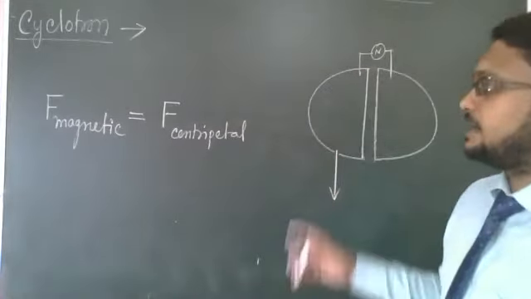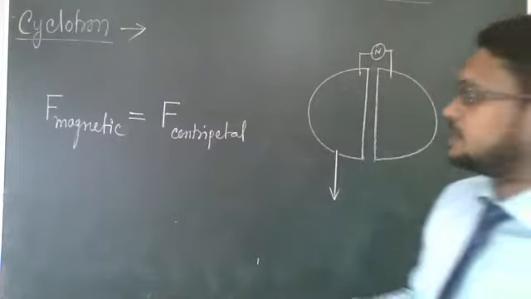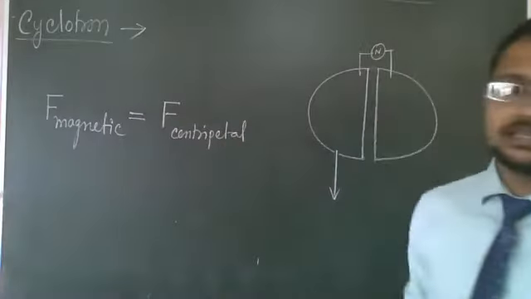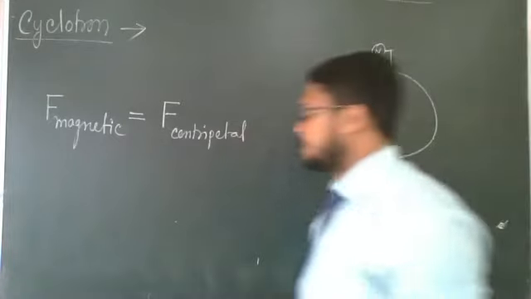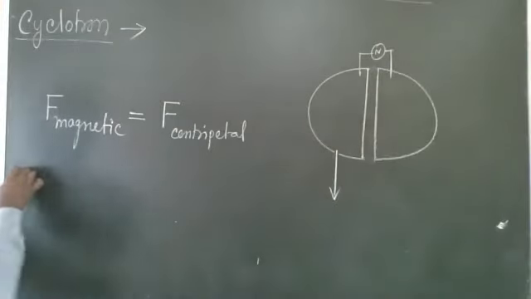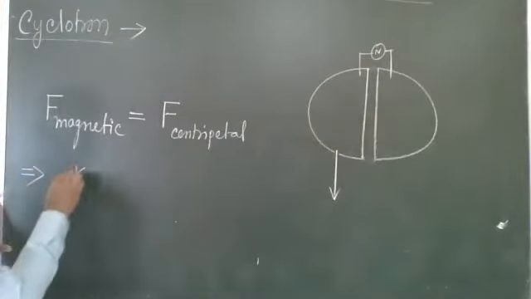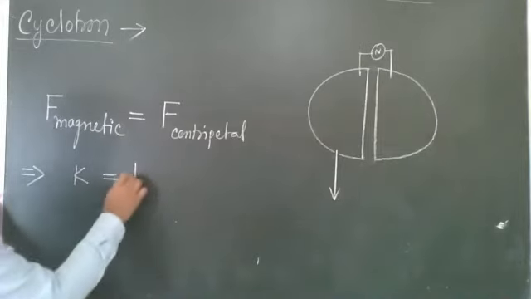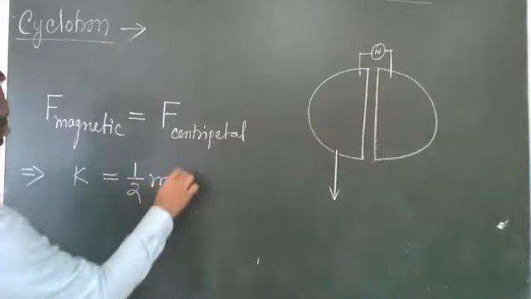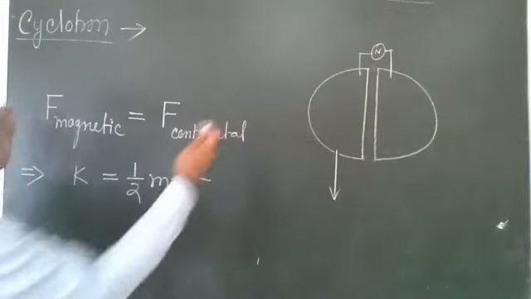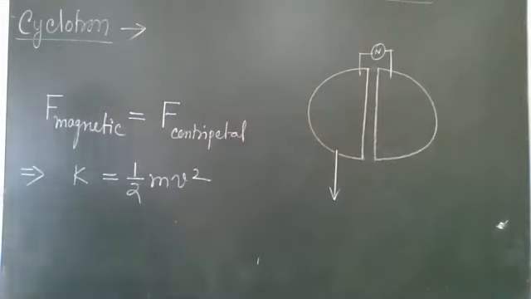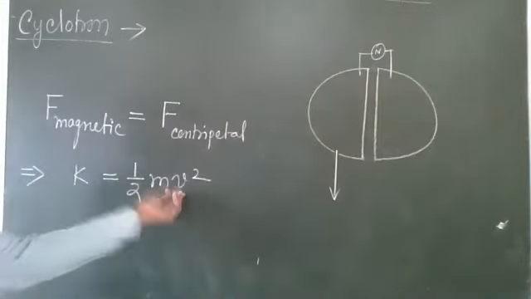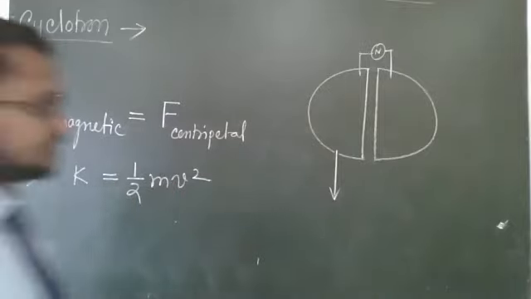The magnetic force on the moving charged particle will be equal to the necessary centripetal force. From that we can get the radius, and we can get the kinetic energy. Kinetic energy is half mv square, so from this we can find the velocity. Put the velocity formula here, you will get the kinetic energy.